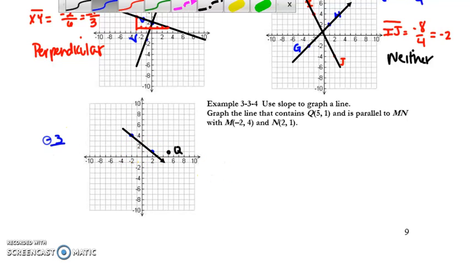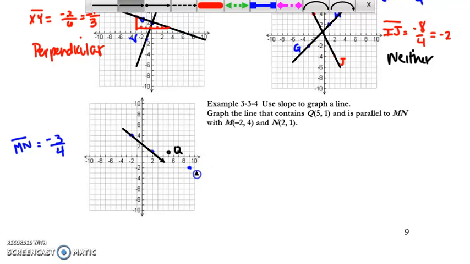So negative 3/4 is our slope for MN. So we want this to have the same slope. So we're going to go down from this point Q down 1, 2, 3 over 1, 2, 3, 4. And we're going to go ahead and draw our line through that point. And there we go. Now we have a line that's parallel to MN.